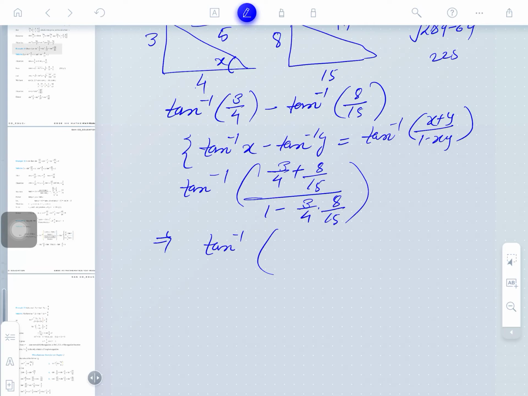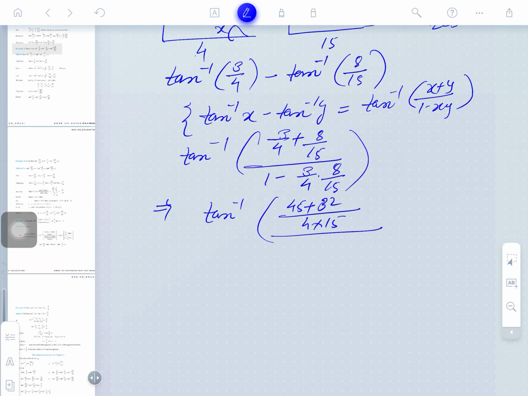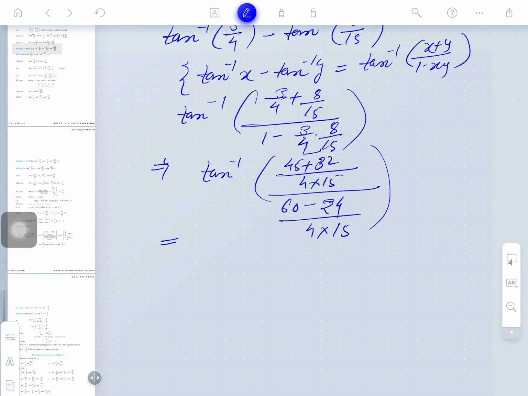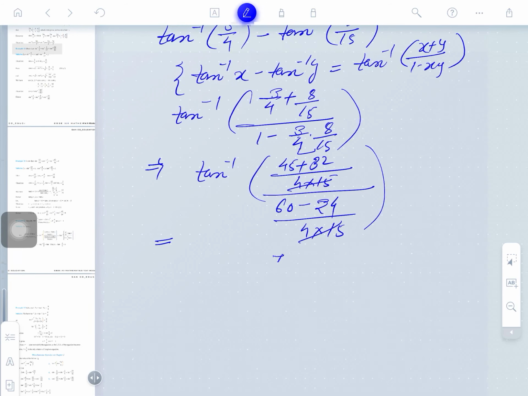So you may solve this with the LCM: 45 minus 32 divided by 4 into 15, whole divided by, together here, 60 there, and here together 3 8s are 24, divided by 4 into 15 obviously, and further this cancels. What is their sum? The sum is coming 77, and what is their difference coming here? 24. So 36 is coming here.